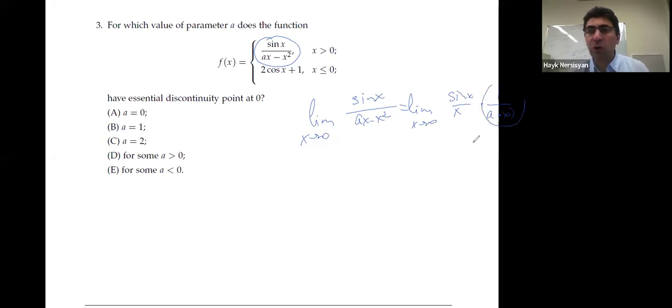For which value of a does 1 over (a minus x) at 0 go to infinity? If a equals 0, we get 1 over x. So this one is the correct answer.